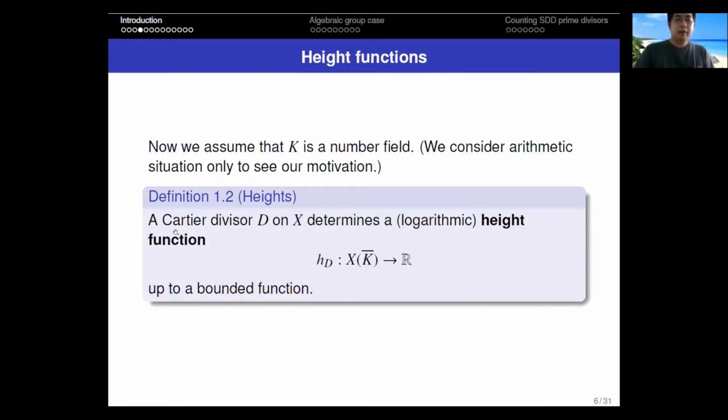Okay, this dynamical degree is defined over any field, but height functions are defined over some arithmetic field, such as a number field. So we assume that K is a number field, but we consider the arithmetic situation only to see our motivation for the main results.